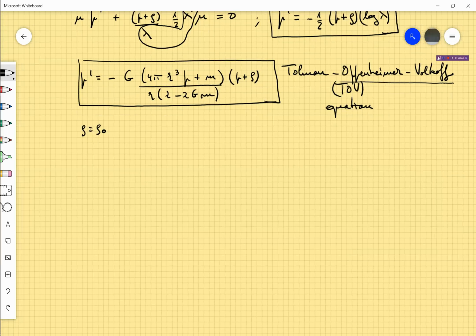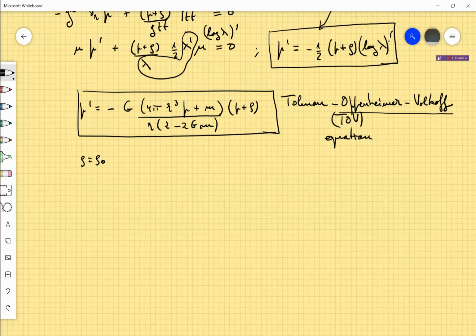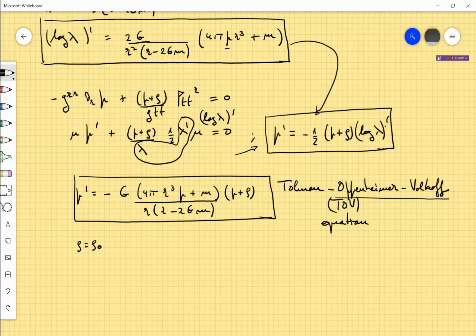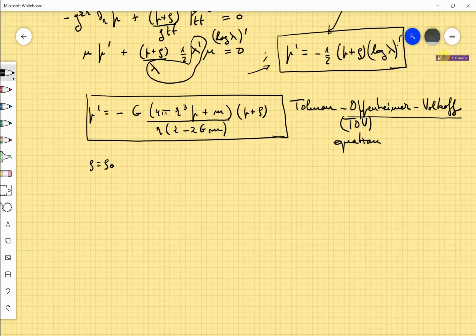And in this case, first of all, the equations that we have derived take this simplified form. So let me take this equation for p prime, and also this equation for log λ.